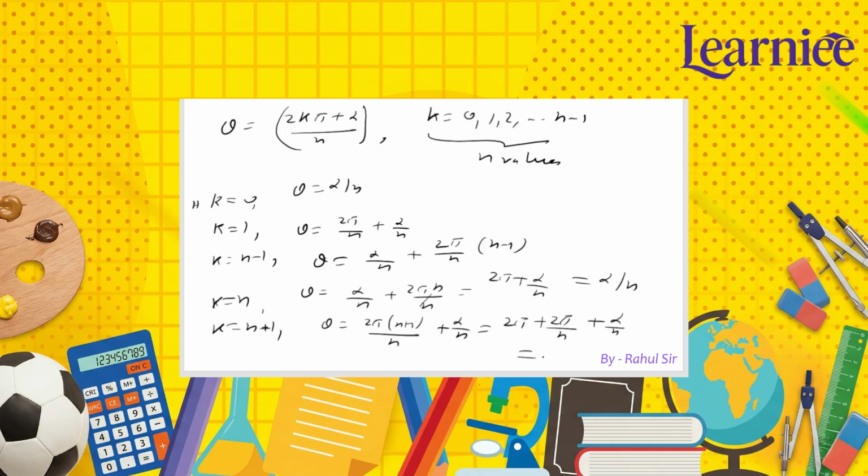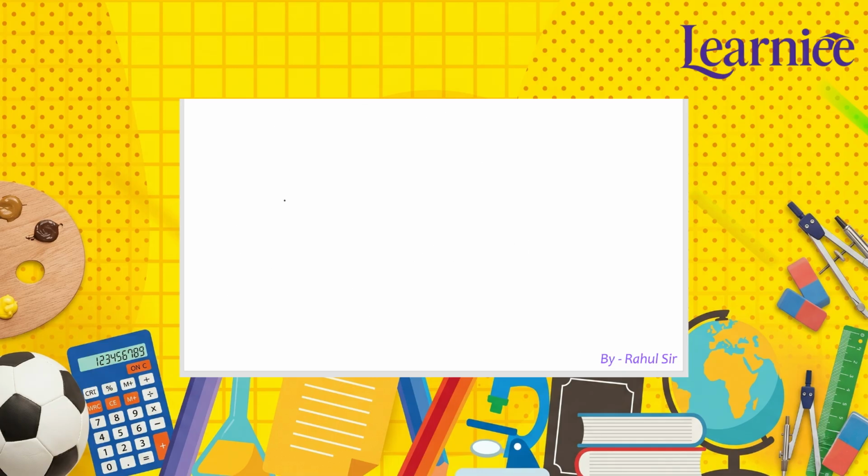This is nothing but 2 pi by n plus alpha by n. See, k equal to 0 gives alpha by n and k equal to n also gives alpha by n. Similarly, k equal to 1 gives 2 pi by n plus alpha by n. So 0 to n minus 1 are distinct values, and after that repetition will occur. Got it? So we come to the original problem.